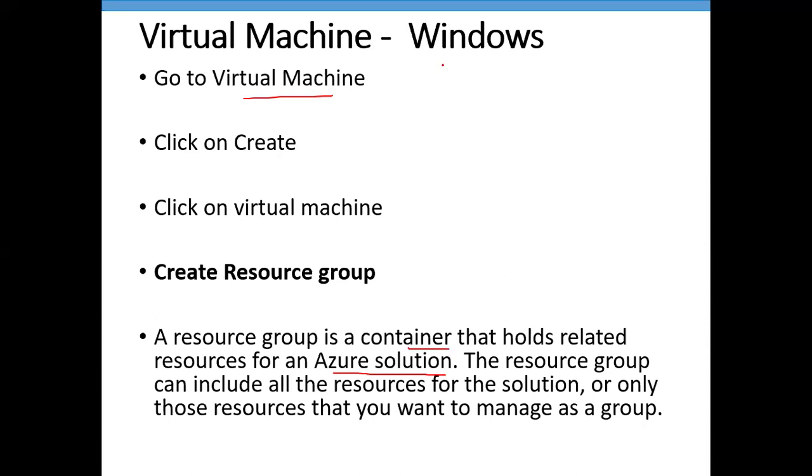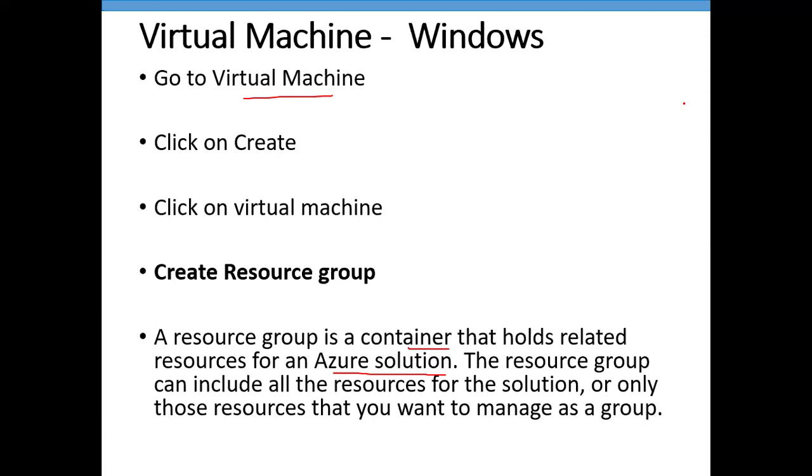So it means to create resources like virtual machine, database, virtual network, storage account, it is mandatory to have a resource group. One thing is subscription, that's mandatory. Other than this is resource group.